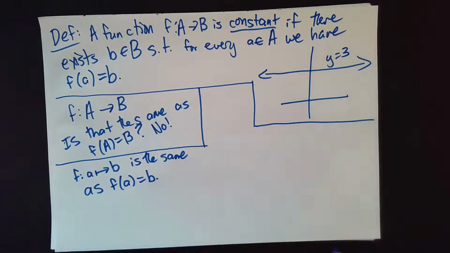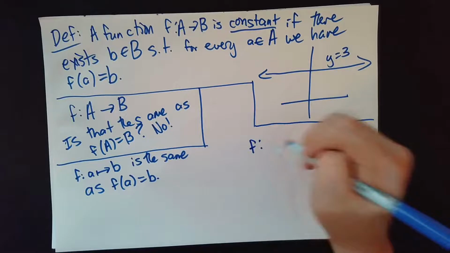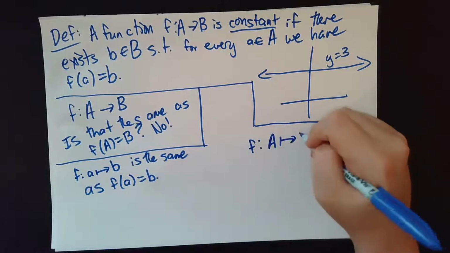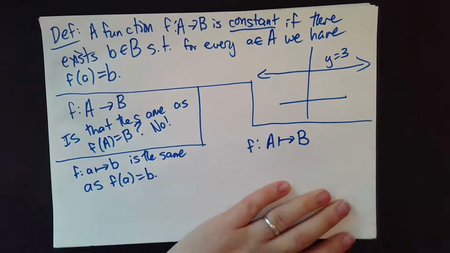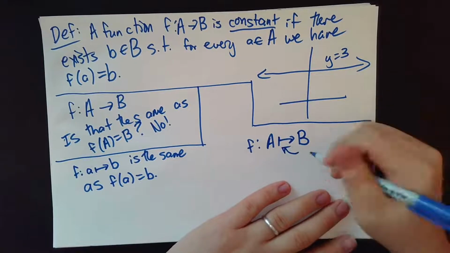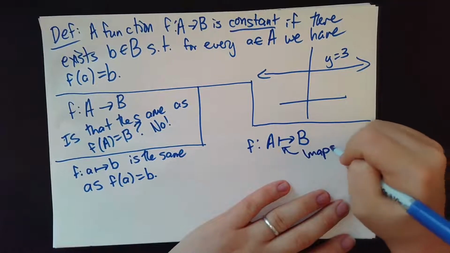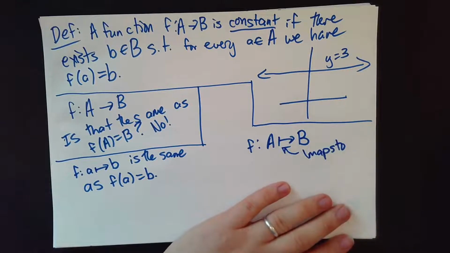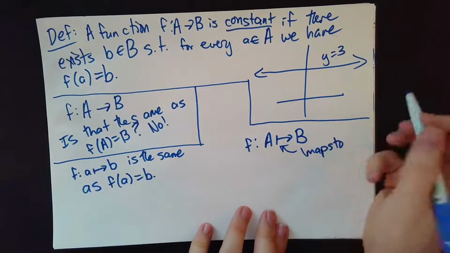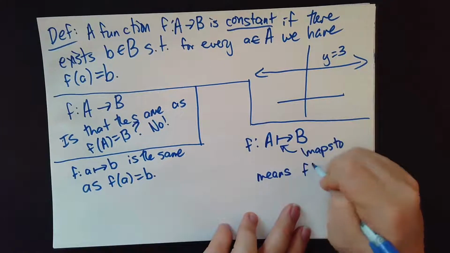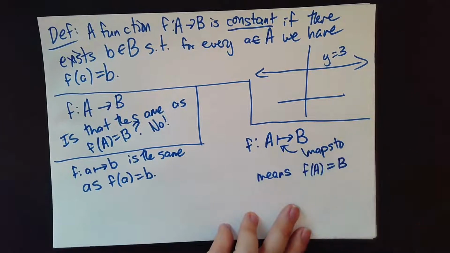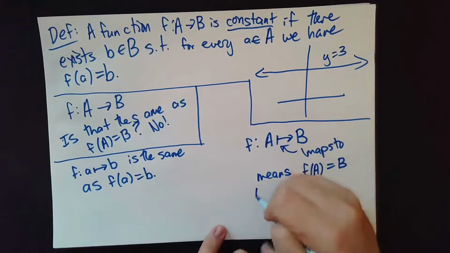And so in particular, if I wrote that f in fact takes a to b, when I use this maps to arrow, again, this should be read as maps to, and that's also the LaTeX for this arrow. This would mean the same as f of a equals b, but this would be incredibly confusing.